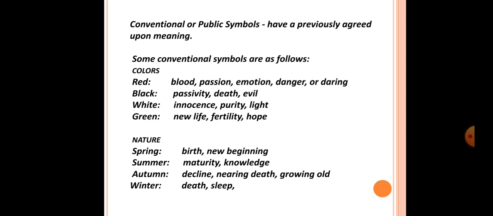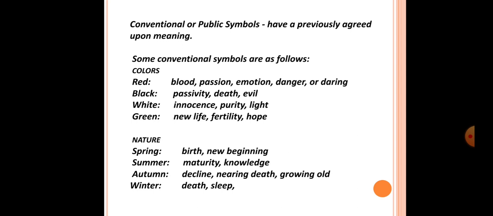If we talk about the black color, black symbolizes passivity, or death and even evil. Then white color stands for innocence, purity and light. Green color symbolizes new life, fertility and hope.